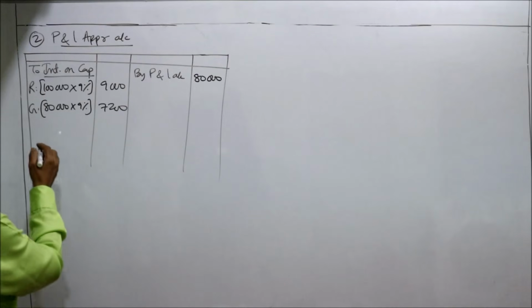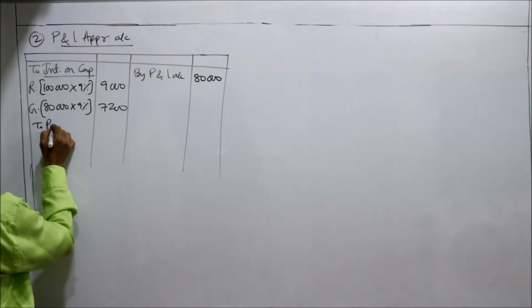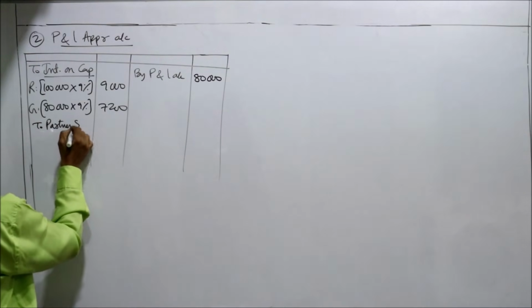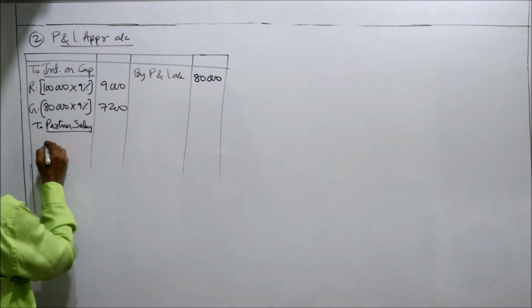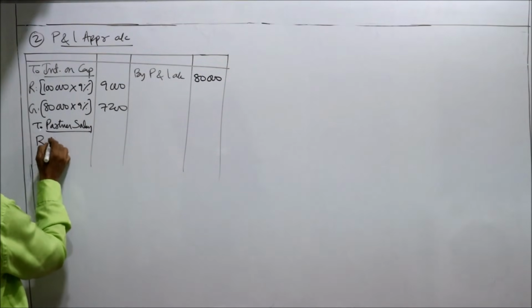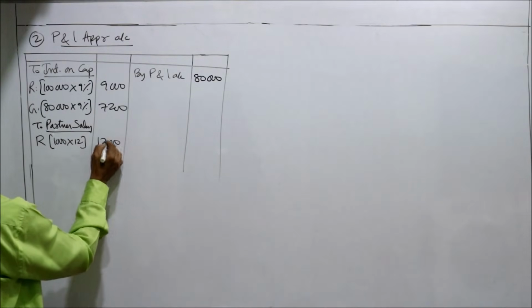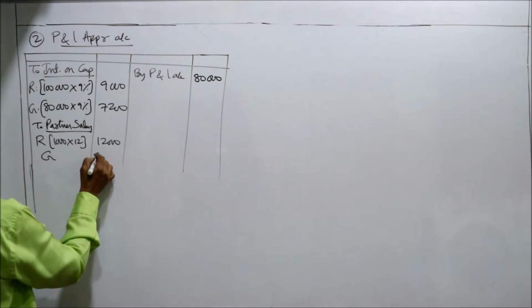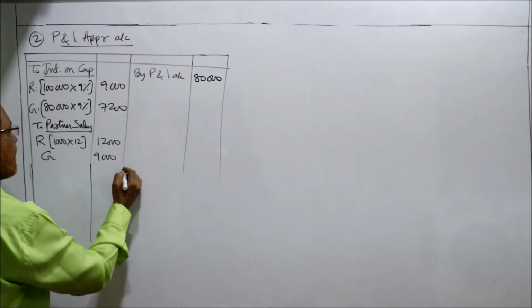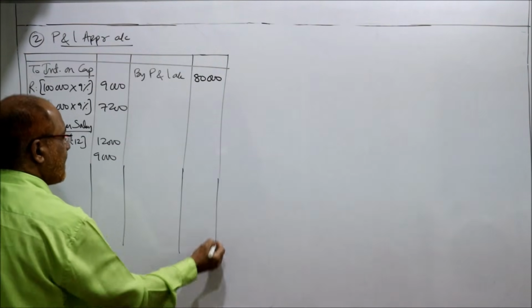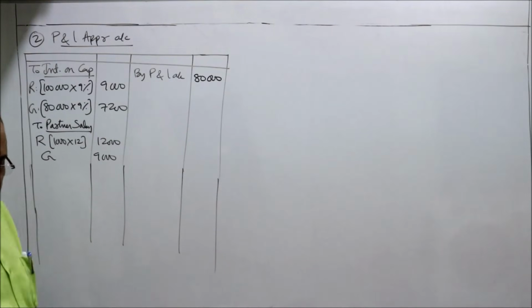Now salary of partner. To partner's salary, Ravi 1,000 into 12,000. Then Giri, it is 9,000. So we have taken salary.